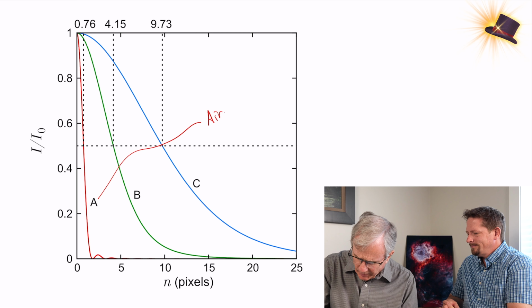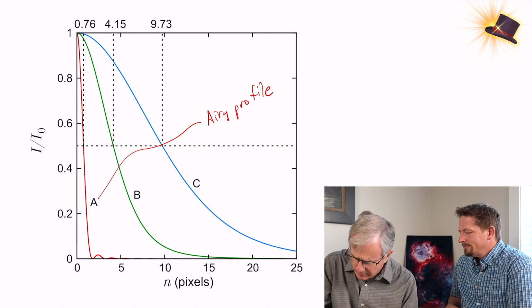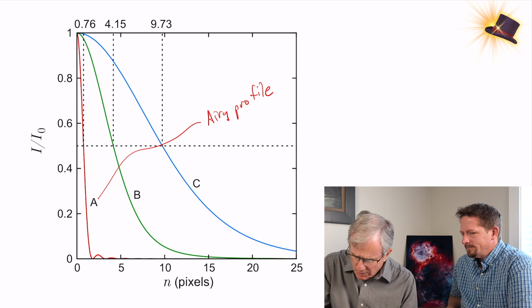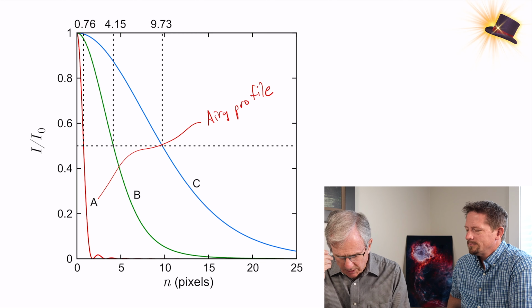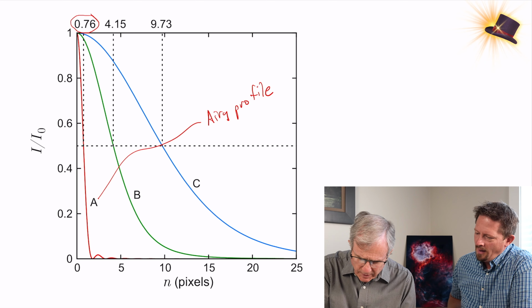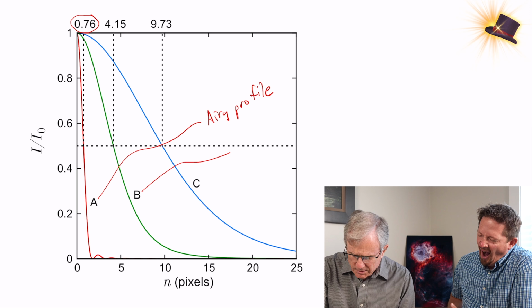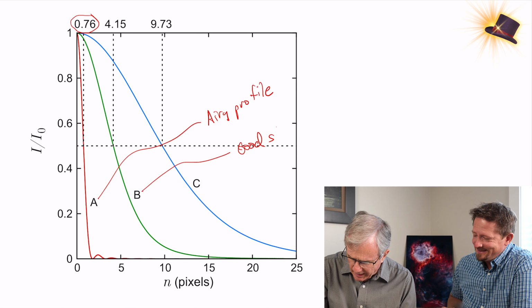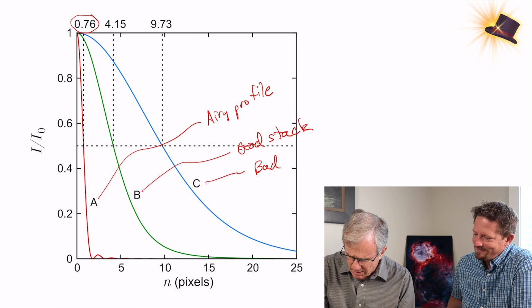A is the Airy profile for that telescope, the Celestron Edge HD 9.25, and its half width at half max as measured in pixels is 0.76. Then B is the good stack, and C is the bad stack.